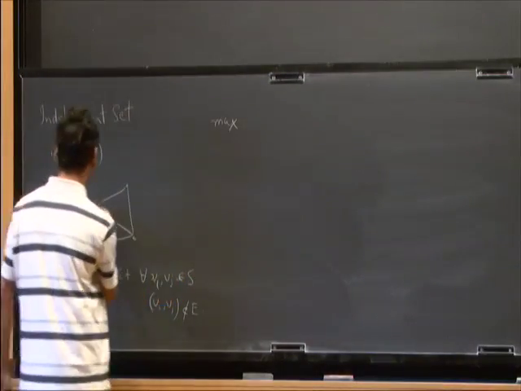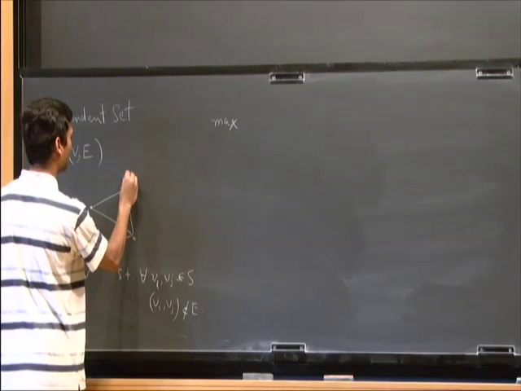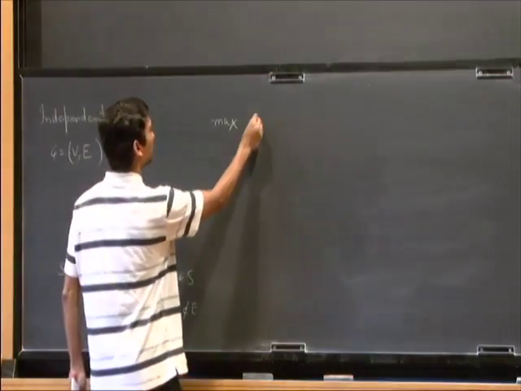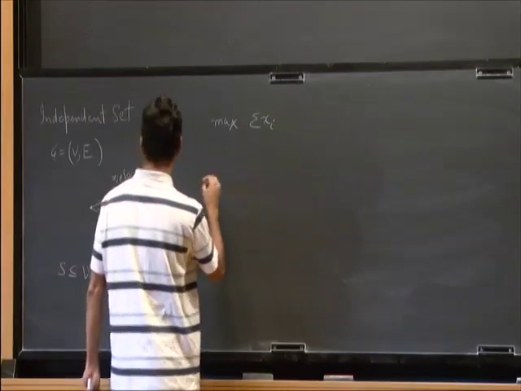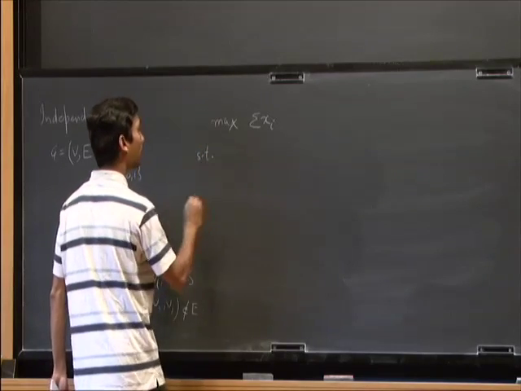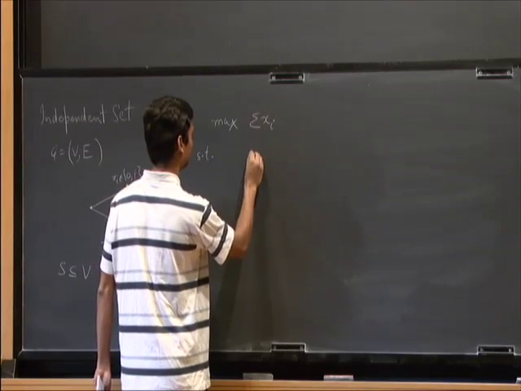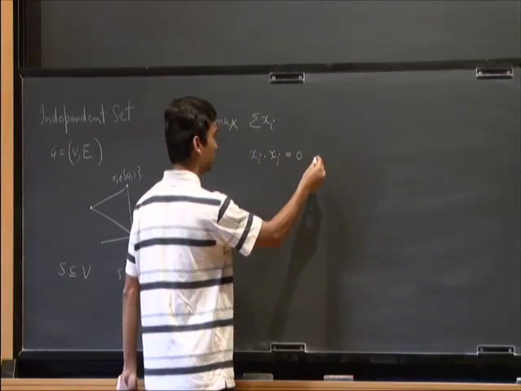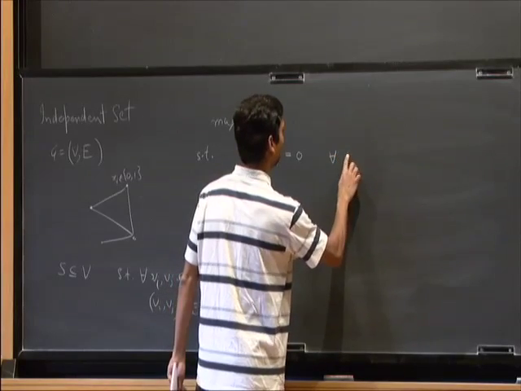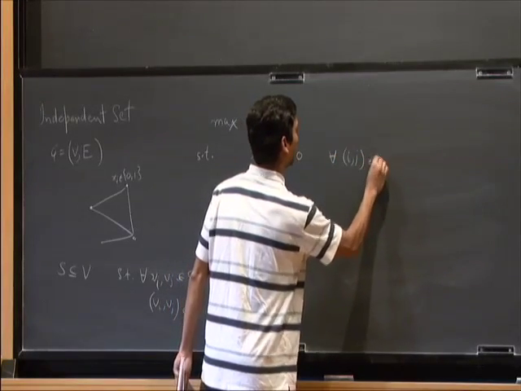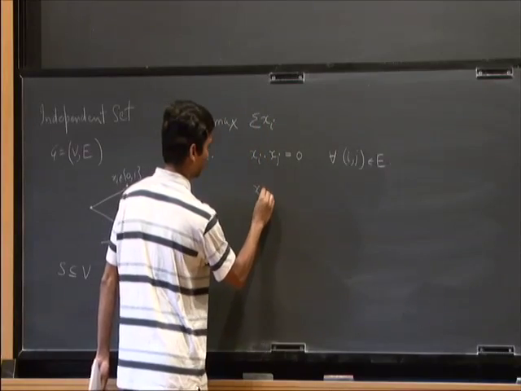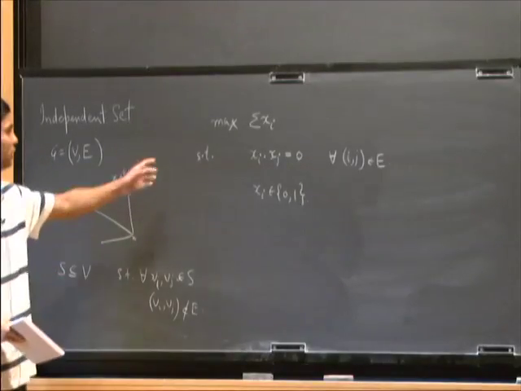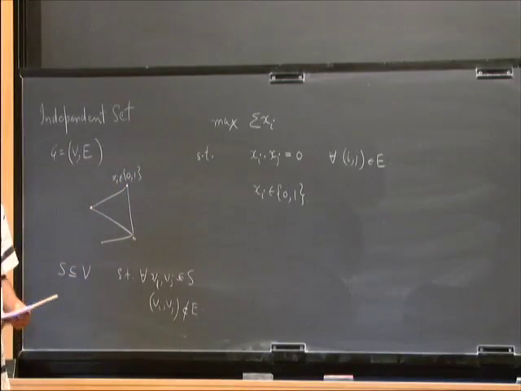Let's say I assign every vertex either 0 or 1. I want to maximize this sum such that xi times xj is equal to 0 for all ij an element of E. This is a simple integer program which finds the value of the maximum independent set.